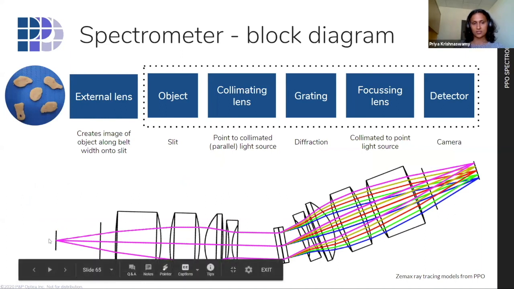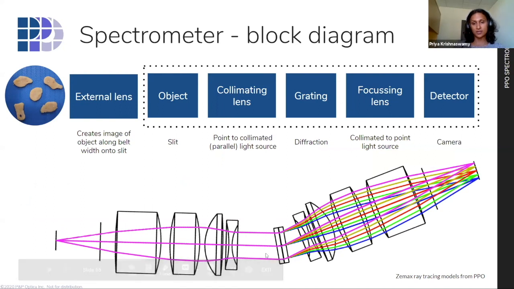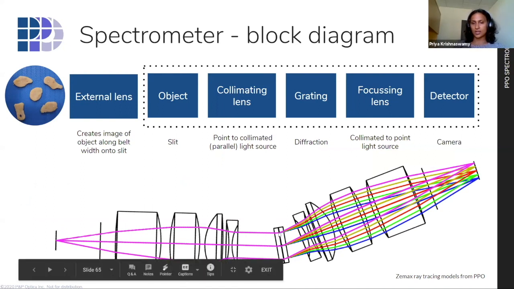So you see that the light goes through the first, this is the slit, we are starting with the slit, and light goes through the lenses. And at the end of this last lens, you can see that it is almost parallel. We call it collimated, and it goes through the grating where light splits into multiple colors.